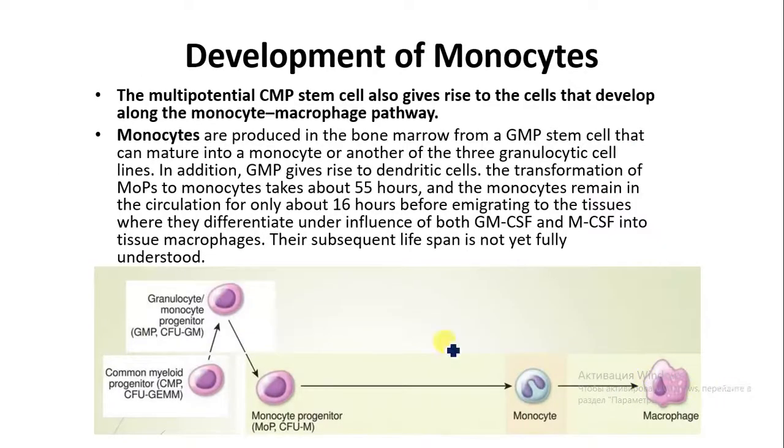Finally, we can talk about monocyte formation. Monocyte formation starts from the same common myeloid progenitor, which gives rise to colony-forming unit granulocyte and monocyte, and that gives rise to the monocyte progenitor. Then monocyte progenitor maturation is very short.